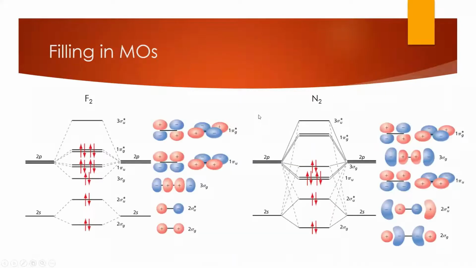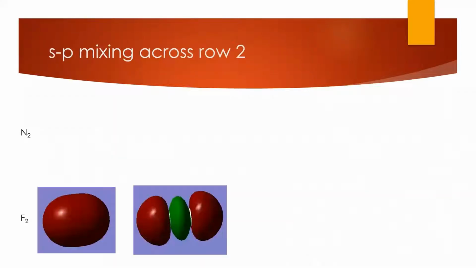Now, what does this look like? We had these cartoons back on this slide, and we can actually use Gaussian to get these MOs and see what they look like and see if the cartoons are any good. For fluorine, we see that our bonding orbital, the 2 sigma g bonding orbital, looks predominantly like a bonding orbital made from 1s orbitals. It's like I took 2 circles and added them together and got this oval.